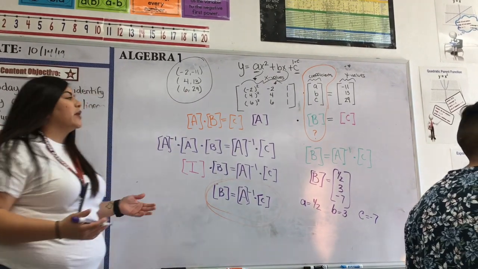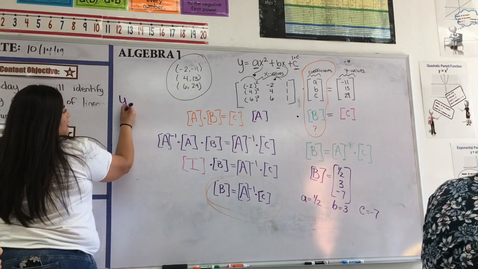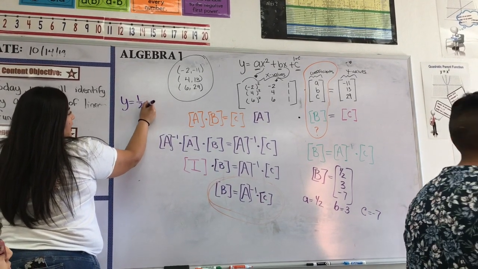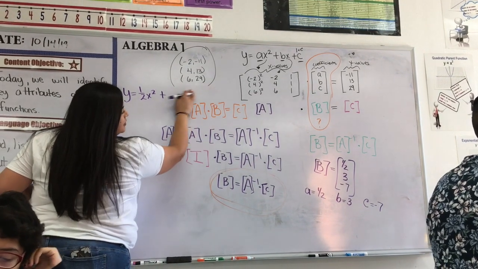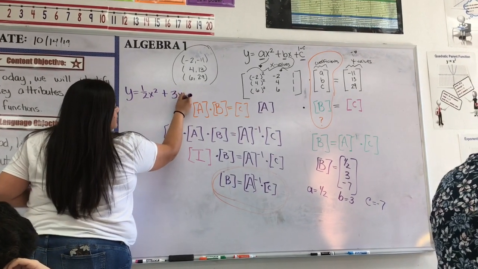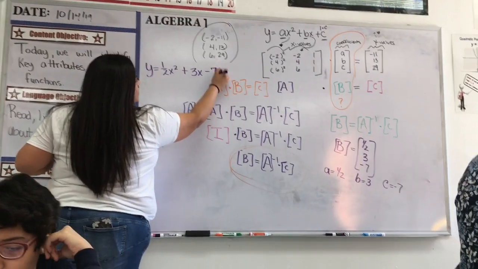They wanted an equation, so all this work is to write this, just to find the coefficients: y equals 1/2 x squared plus 3x plus -7, which is really just minus 7.